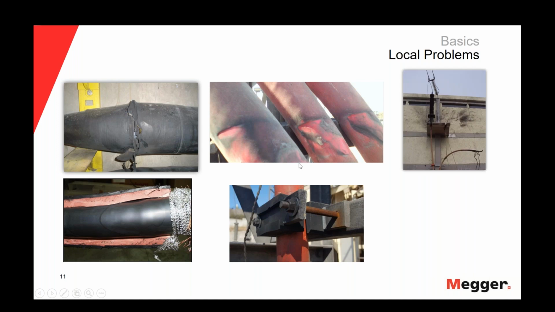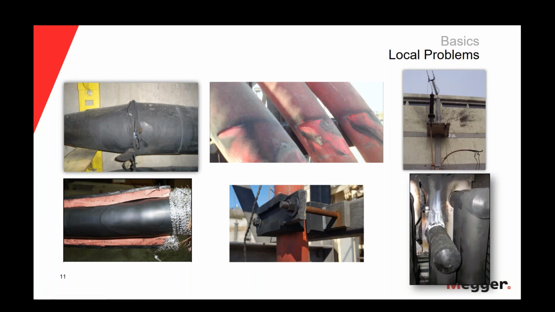And the last two pictures are the classical termination problems, maybe because the person who did the termination didn't respect the length of the termination, or maybe because during the elaboration of the termination there was some contamination in the termination. So all these are classical examples of local problems, and they are related mainly with bad workmanship or manufacturer defects.